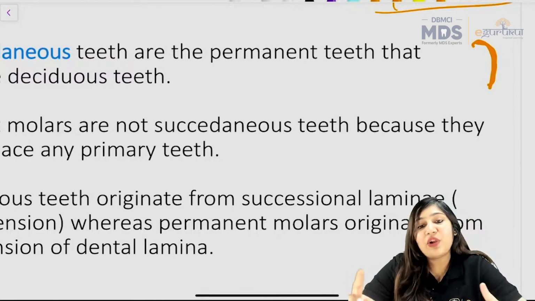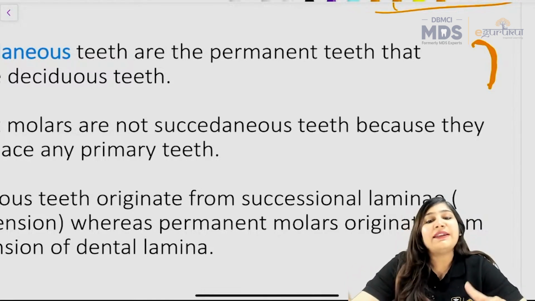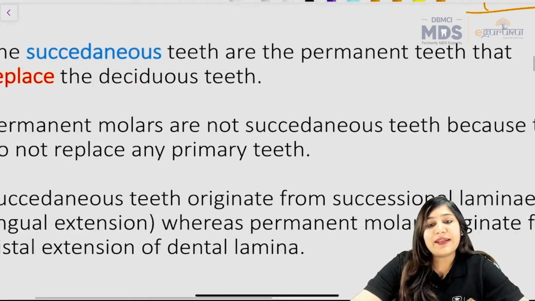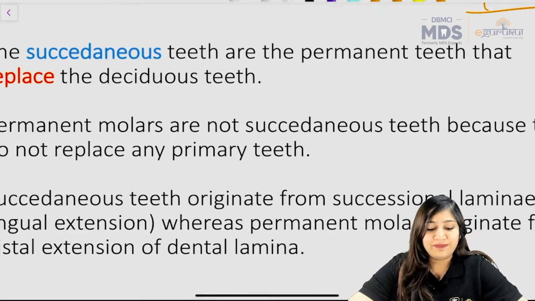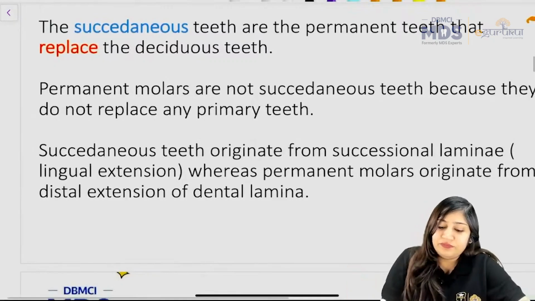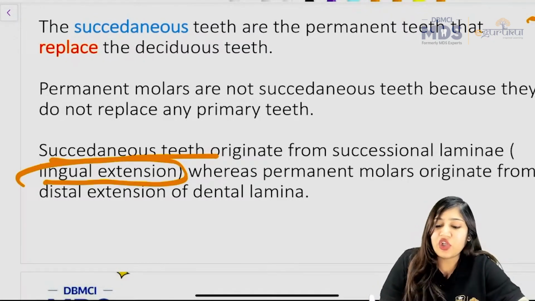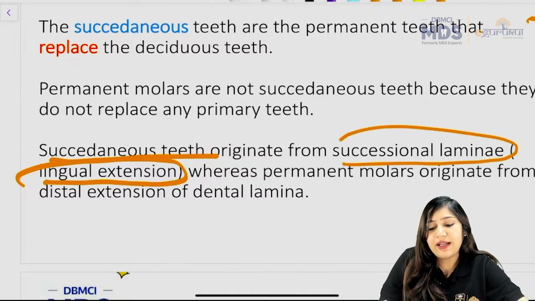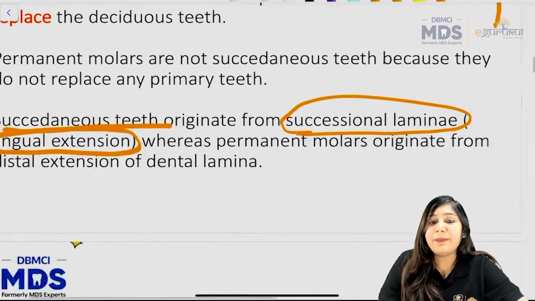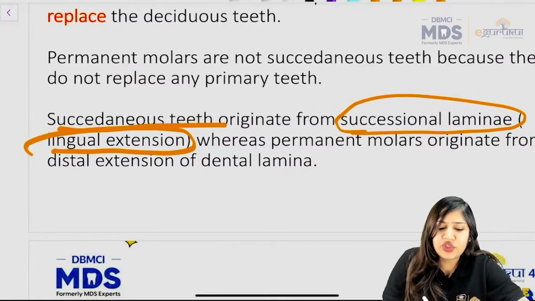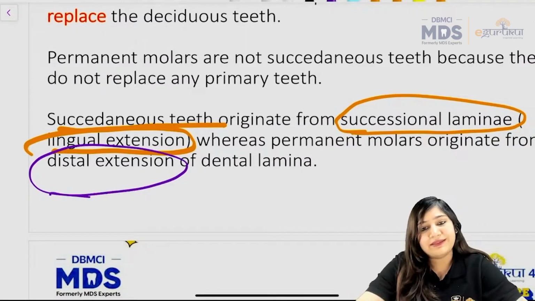Non-succedaneous teeth arise from distal extension of dental lamina and succedaneous teeth arise from lingual extension of dental lamina. Right. So succedaneous teeth arise from lingual extension, which is also known as successional lamina. And permanent molars originate from distal extension of dental lamina.